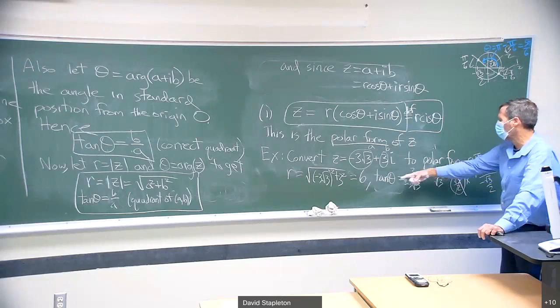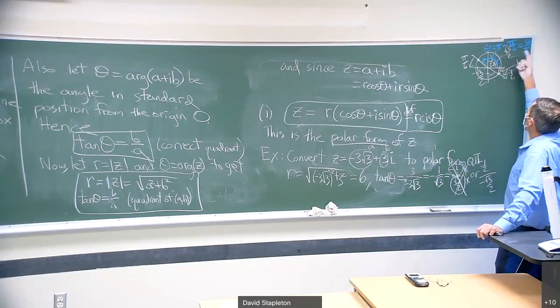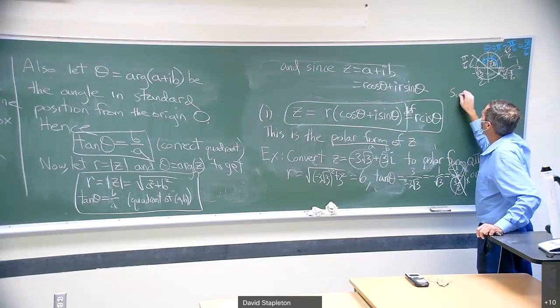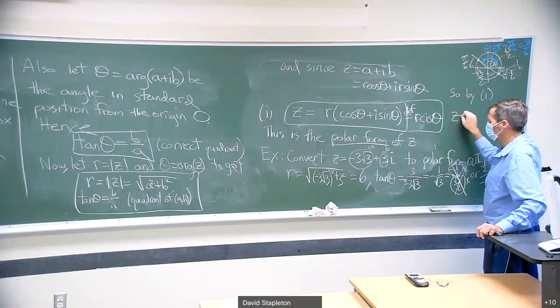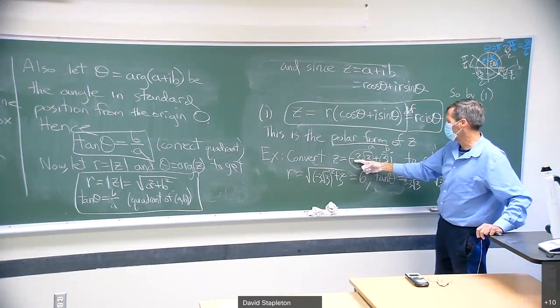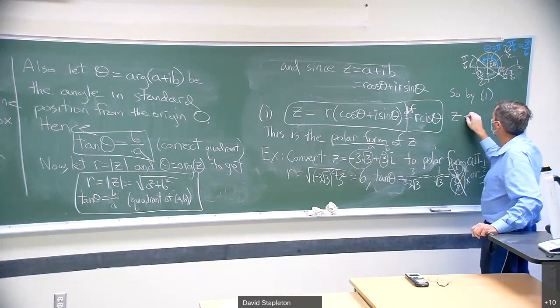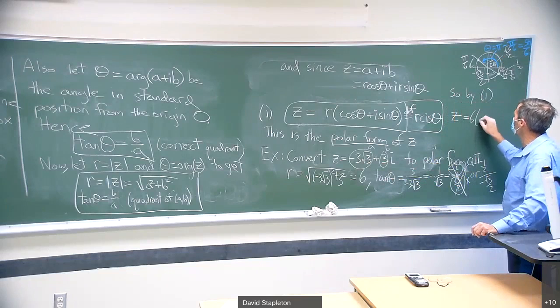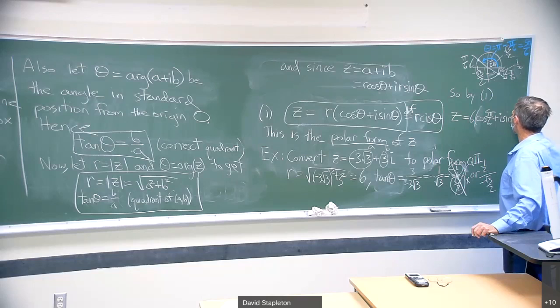And here's my value of r. r is 6, and theta is 5 pi/6. So we write the complex number in its polar form. z equals -3 square root of 3 plus 3i is also expressible as 6 times cosine 5 pi/6 plus i sine 5 pi/6.